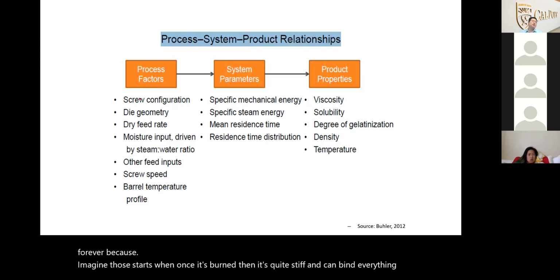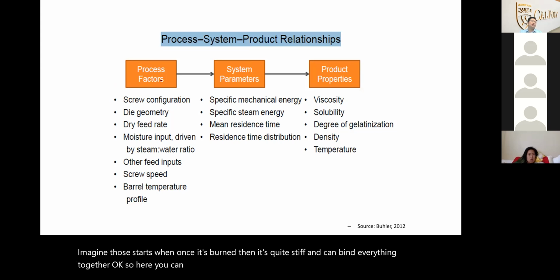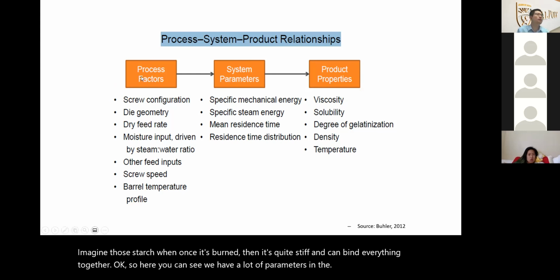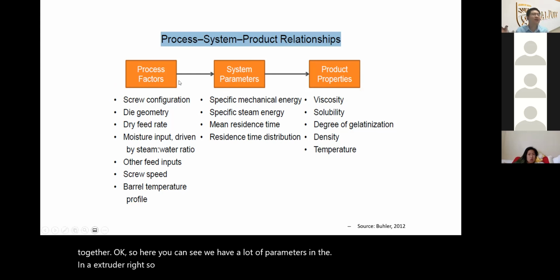Here you can see we have a lot of parameters in an extruder, right? Typically we classify those parameters into process factors, which are the processing conditions that we can directly control.